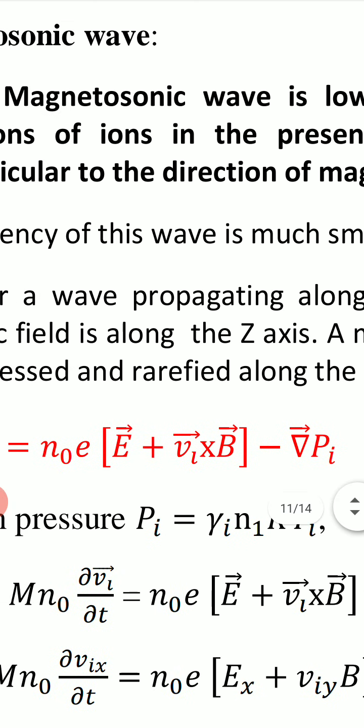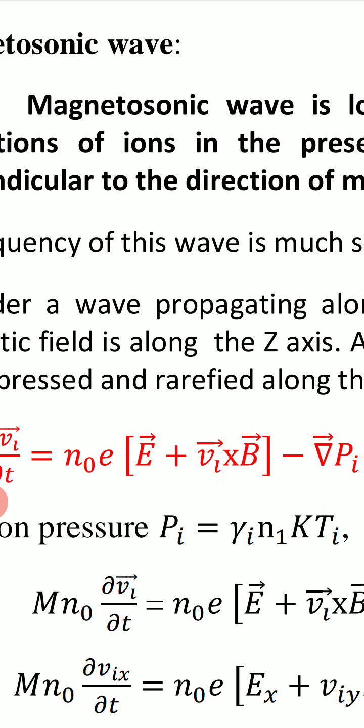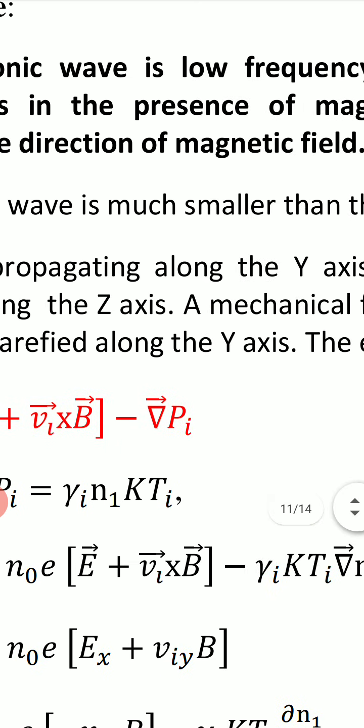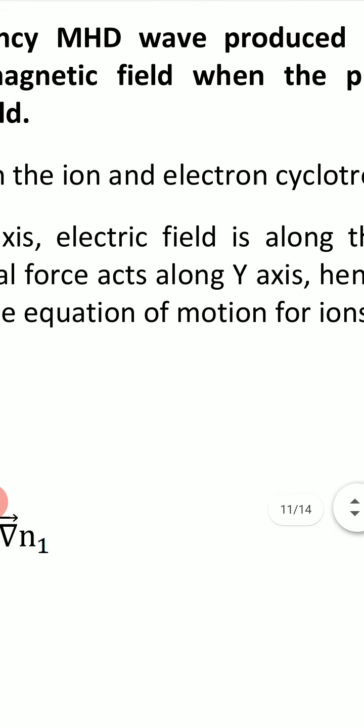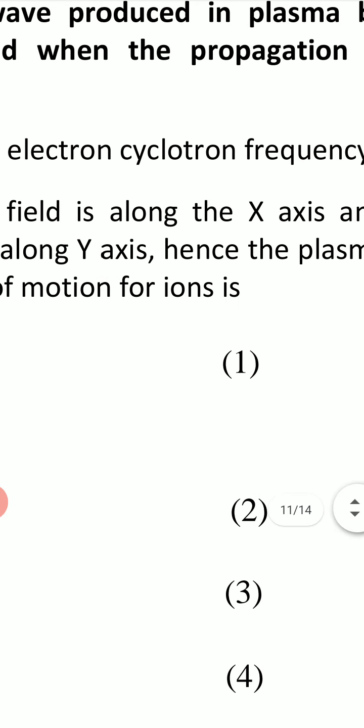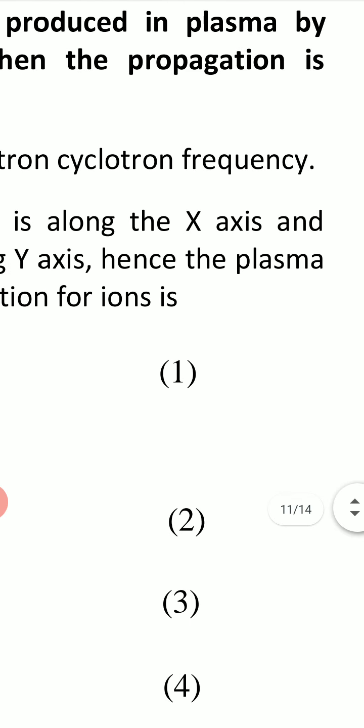So, magnetosonic wave is produced in plasma by oscillations of ions in the presence of magnetic field and when the propagation is perpendicular to the magnetic field.